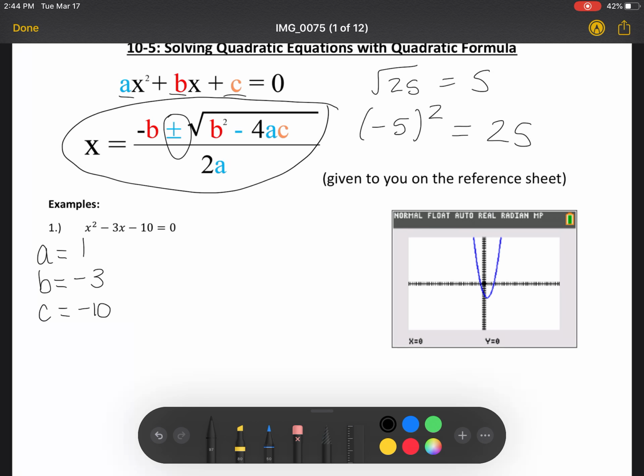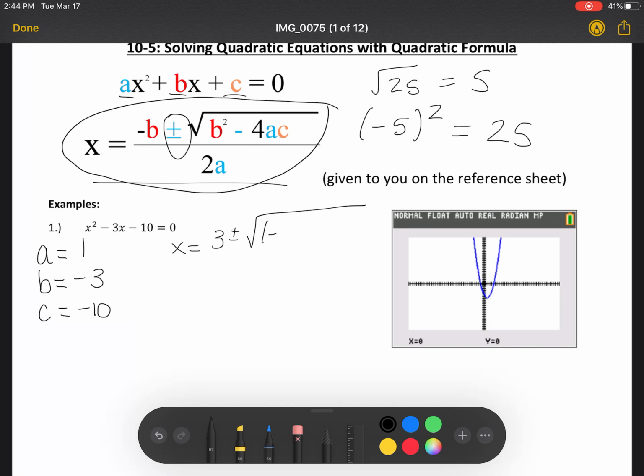Now once we've listed out our a, b, and c values, all we have to do is plug them into the quadratic formula. So that's going to give us x equals negative b. Negative b means take the negative version of your b value. Our b value is already negative, so if we take the negative version of negative 3, it's just going to be positive 3. Plus or minus the square root.